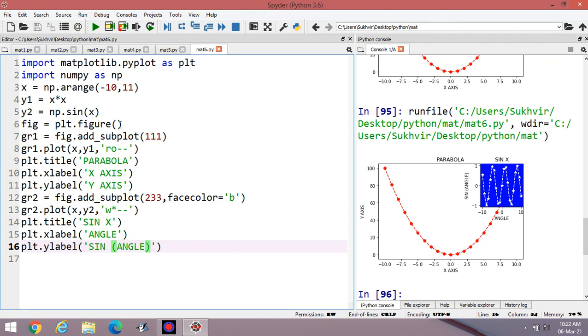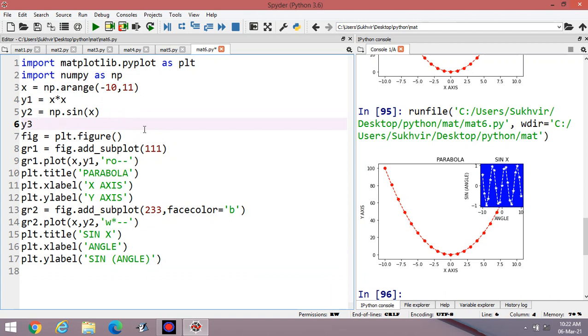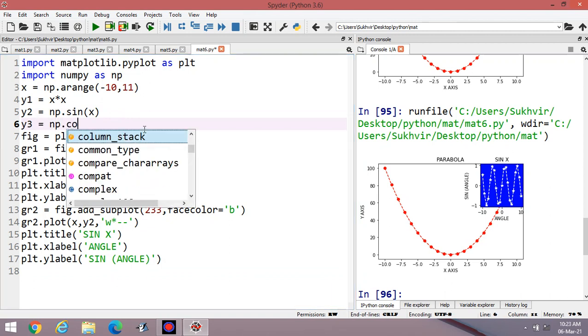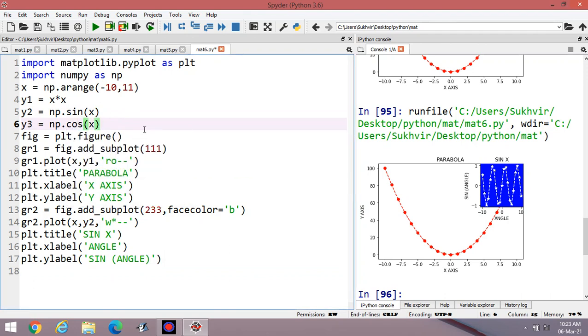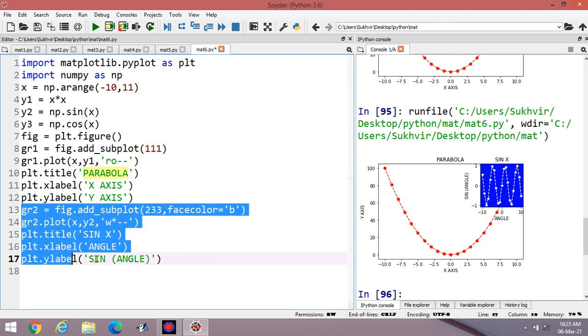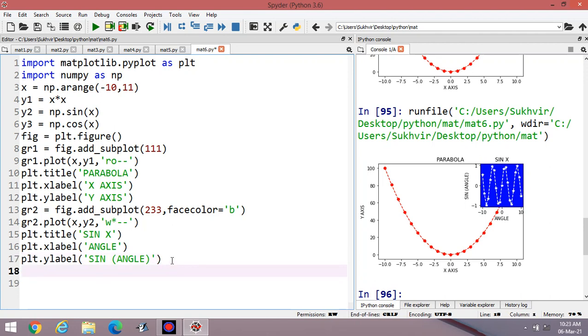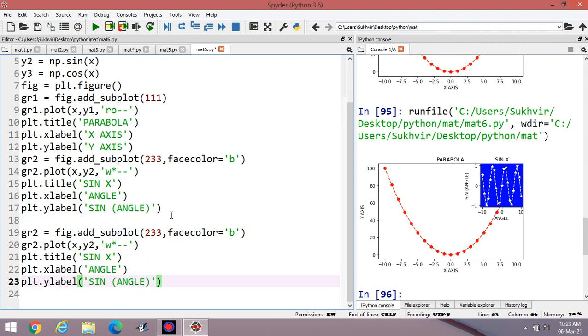I can add one more thing. y3 is equal to np.cos x, and I can copy all this content and paste here, and the location is 1.